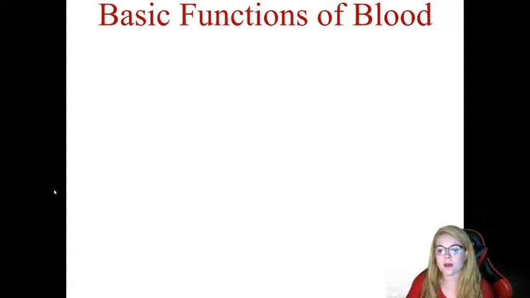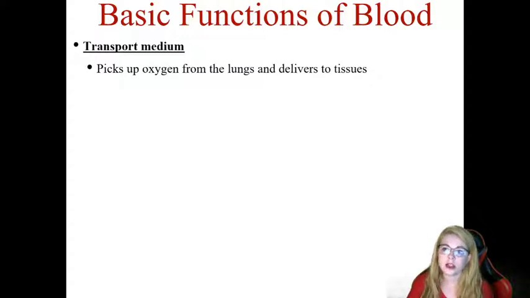The first is that blood functions as a transport medium, and this is probably what most people think of when you think of blood. You think of the fact that blood is moving or transporting things throughout your entire body. As a transport medium, blood picks up oxygen from the lungs and delivers it to the tissues of your body.